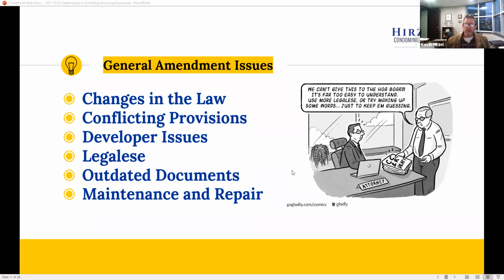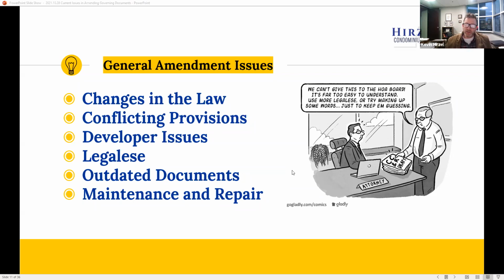Developer issues. Documents drafted by the original developer, yes, they are drafted so as to try to attract individuals and have a community that people want to live in, but they're also drafted from the perspective of the developer. They're developer-centric. They're protecting the interests of the developer. They're trying to make sure that the developer has the maximum control that they want in decision-making while they're still around, and also minimizing the liability of the developer as time goes on.